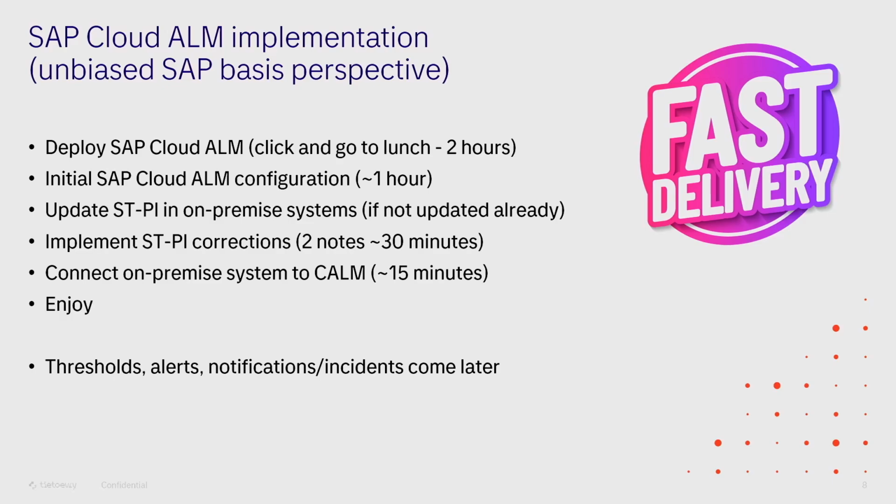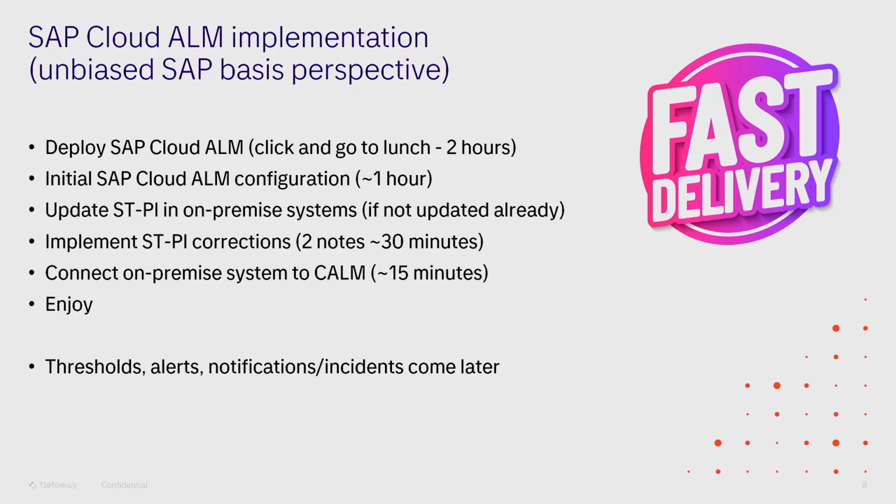Then you need exactly 2 notes to implement STPI corrections. 30 minutes, I think it's a reasonable time. And then you can just connect your on-prem system to SAP Cloud ALM. So altogether, if you start around lunch, by 3 p.m. you should be ready, connected, and you can start using it. Then, of course, you need to play with thresholds, alerts, notifications, but that comes later.